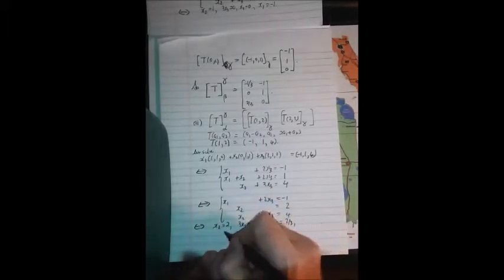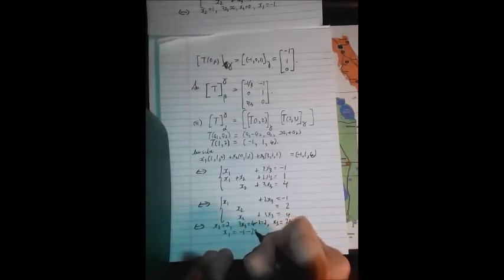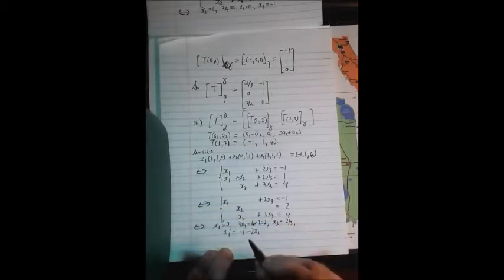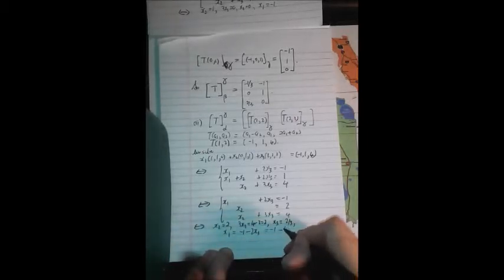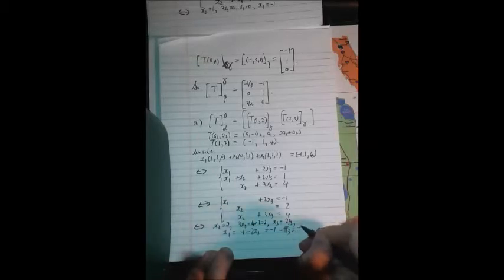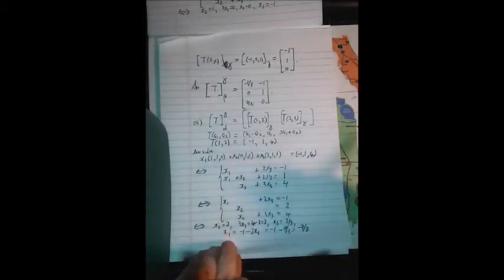And the first equation tells us x1 is -1 minus 2 times x3, which is -1 minus 4/3, which is -7/3. So the components of our coordinate vector are -7/3, 2, and 2/3. Okay, so we write that down.